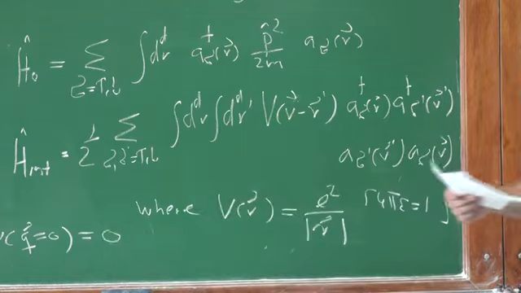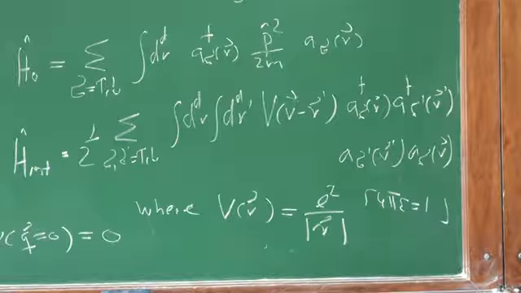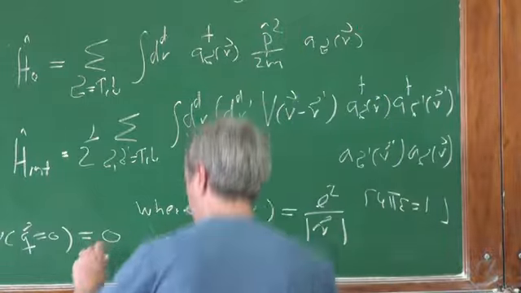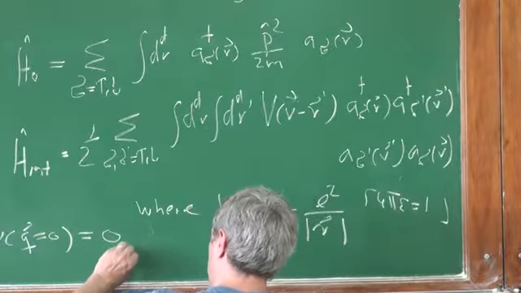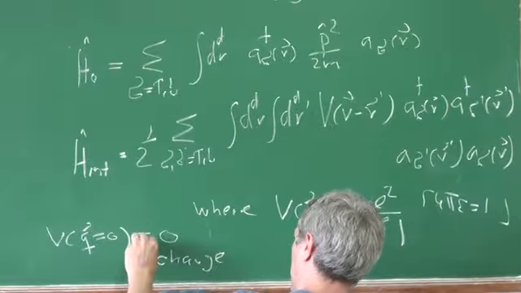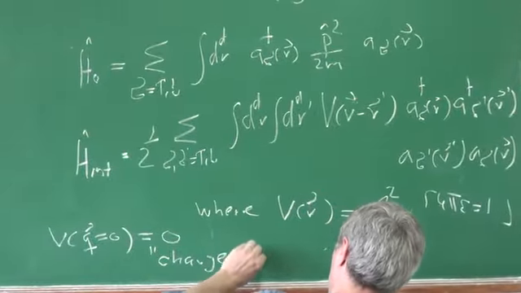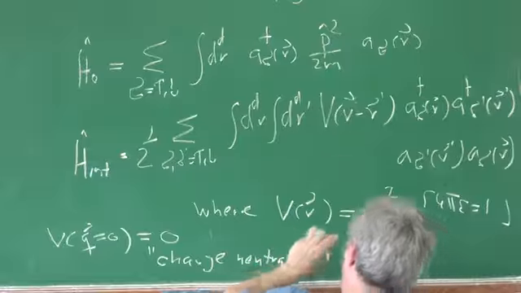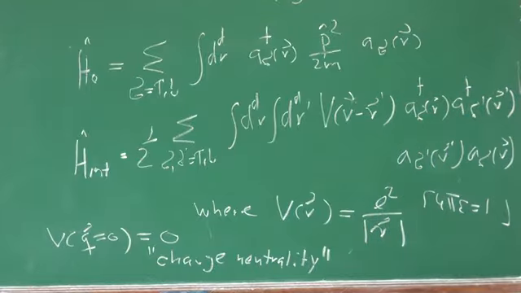This corresponds to charge neutrality: the potential of the homogeneous configuration is just compensated for by the positive background. It's called charge neutrality, the presence of the homogeneous positive background.